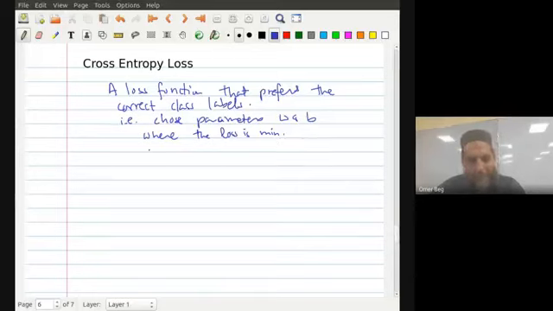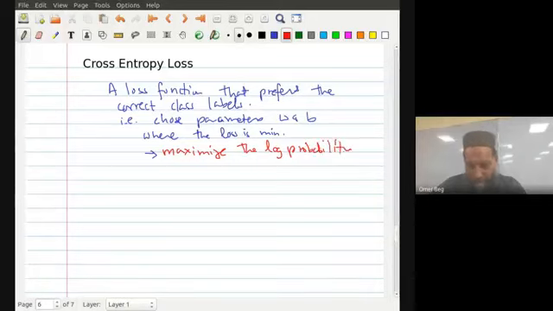So what does this mean? This means we want to maximize the probability or the log probability of the true Y labels. Okay?